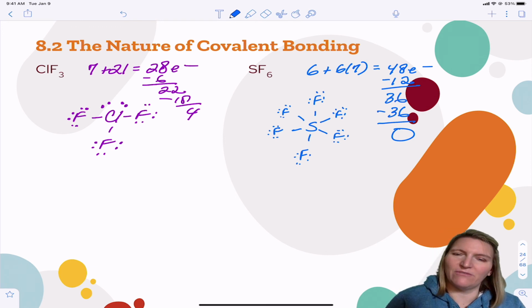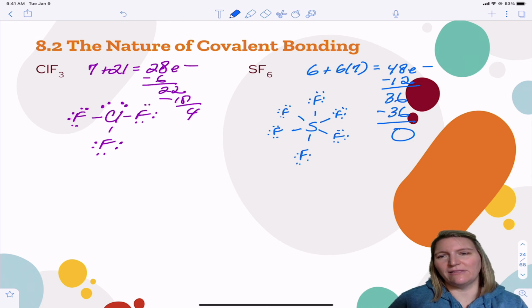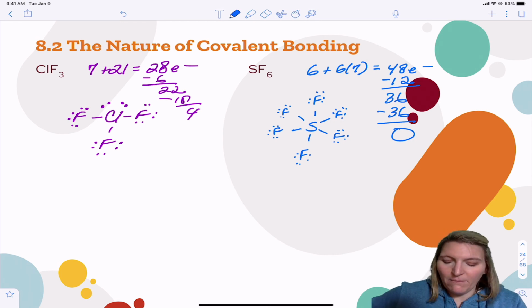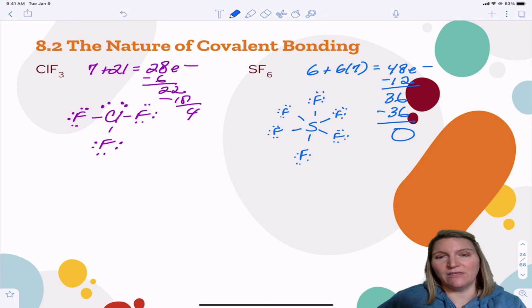Chlorine on the left has 5 pairs or 10 electrons, and sulfur has 6 pairs or 12 electrons. But these molecules do exist. They are quite stable. So they're just exceptions to the octet rule that actually turn out to be pretty stable.